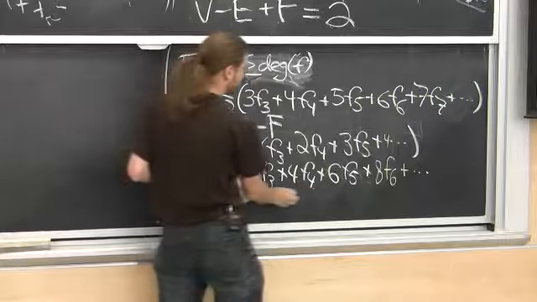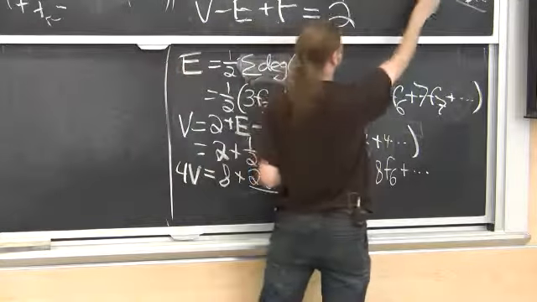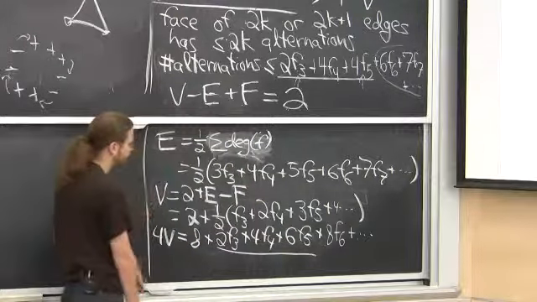these guys look very similar to these guys. Now here it gets bigger. It's going to go 10 instead of 6 and 7. We also have a plus 8. We don't know whether there are any faces of degree 6 or more, so we can't rely on that. But we have plus 8.